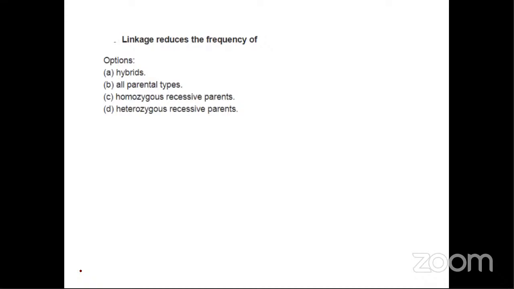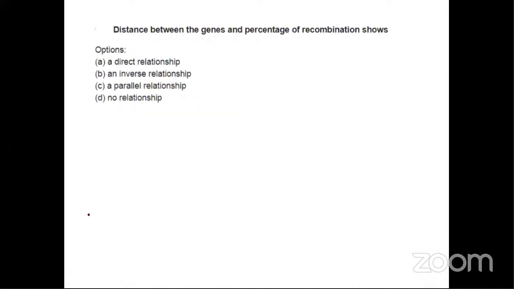Recombination नहीं होगा तो फिर क्या होगा? सोचो सोचो, find the answer. Yes, linkage reduces the frequency of hybrids, right? Because linkage is doing what? It is reducing the frequency of recombination. Okay, hybrids.